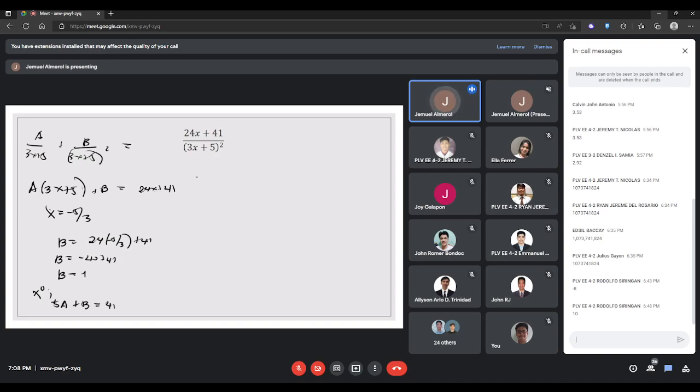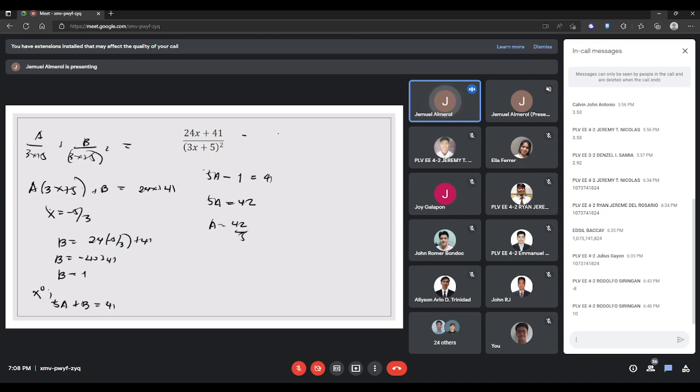Since b is equal to negative 1, so 5a minus 1, tama, would be equal to 41. So 5a equals 42.